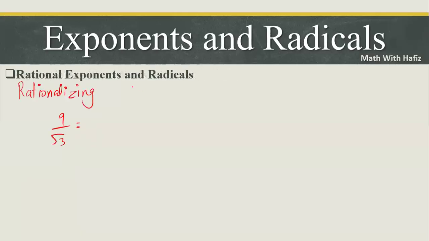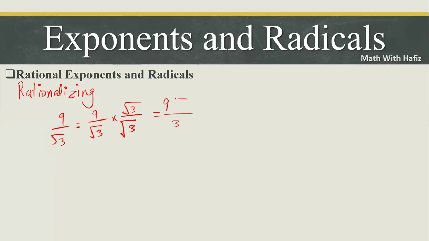You have to learn it. Whatever you have in the denominator, you just multiply and divide by the same number. Let's say it was the square root of 3, so you multiply and divide by the square root of 3. In the denominator, the square root of 3 multiplied by the square root of 3 gives you 3, because the square cancels the square root.